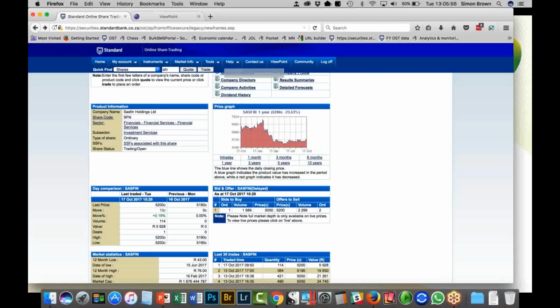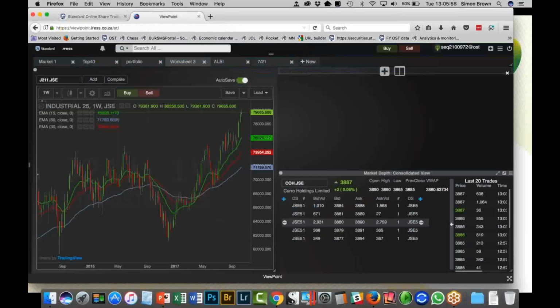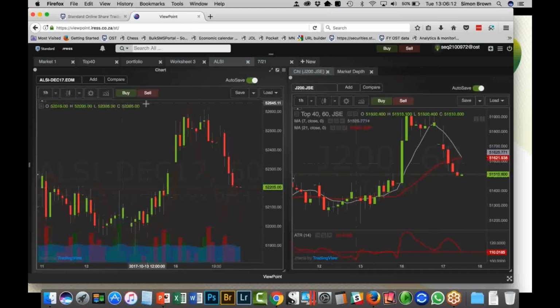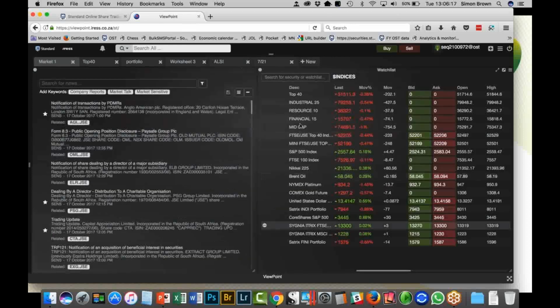I know someone was asking me about what I was looking at before we started. That there is Viewpoint, very much for traders more than anything else. It's a Standard Bank platform giving me live prices. So I was having a squiz at different live prices. It gives me charts. That's an hourly on the Aussie futures, hourly in the top 40. It gives me different markets. I can pull in ETFs. This is my sort of home page, I suppose.